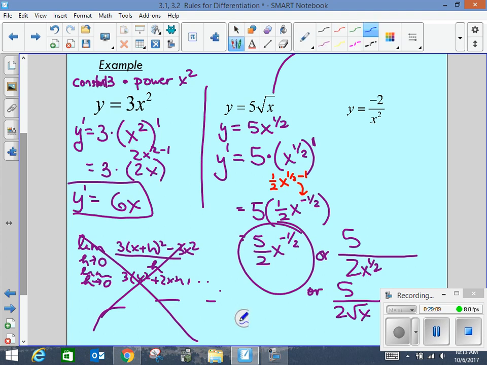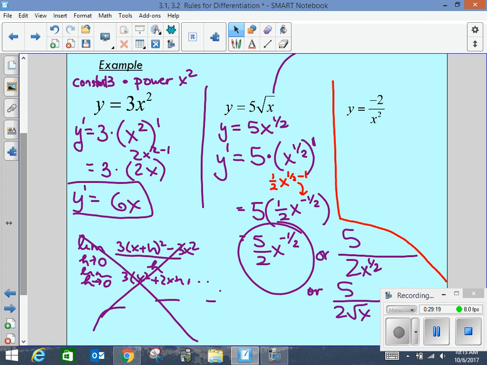Let's do the last one. Go ahead and do the last one. Now, 1 over x squared is not a power. What can you change that to, to be a multiple times a power rule? There you go. So we did the opposite of what we did when Melanie pulled it down.